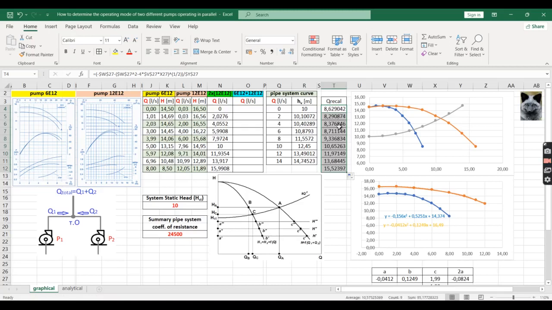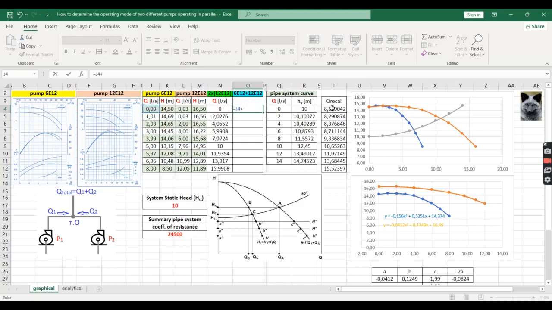So now we have the recalculated flow rates in respect to these values of the head. So let's find the summary system flow rate. For this aim, we have to sum the flow rate of pump 1 with the recalculated flow rate of pump 2. And now we are almost finished with the calculations.